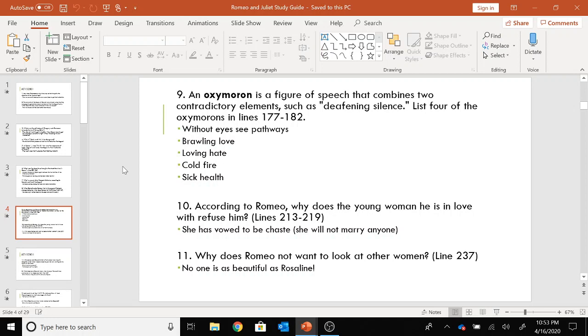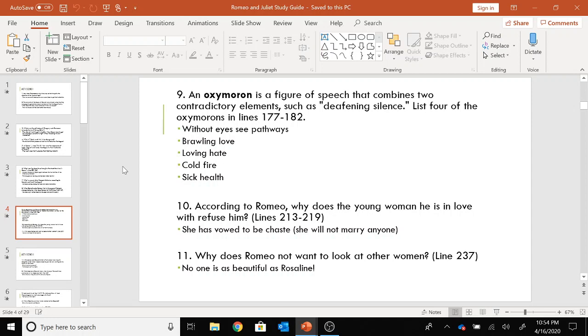We're going to jump down to number 9 just because I was talking about it. Why does Romeo say he does not want to look at other women? In line 237, right? He says he has never seen someone as beautiful as Rosaline. This is an example of irony, because he is saying one thing, yet the opposite is going to happen. It very well is a form of dramatic irony, because the audience knows this story is about the love between Romeo and Juliet, not Romeo and Rosaline.